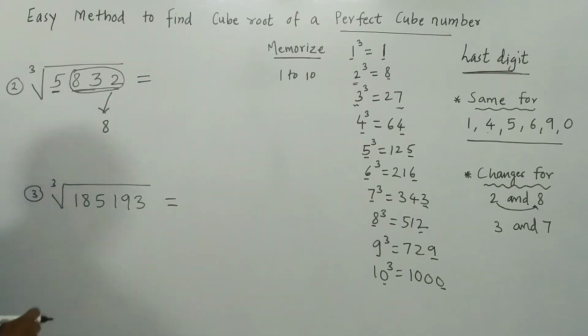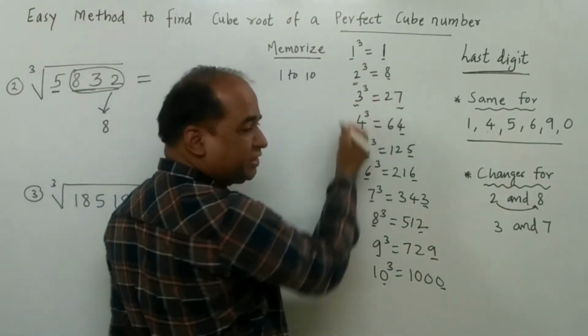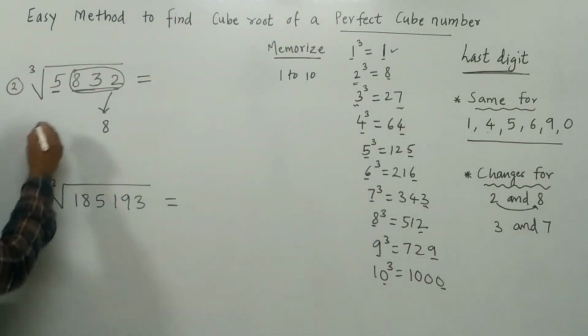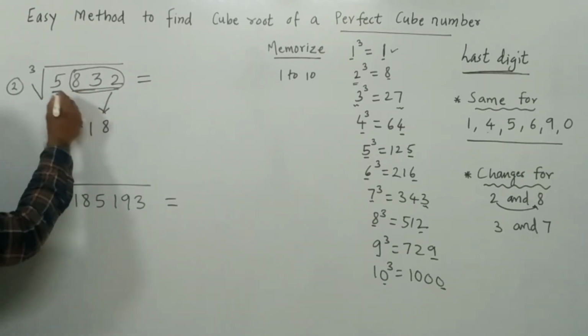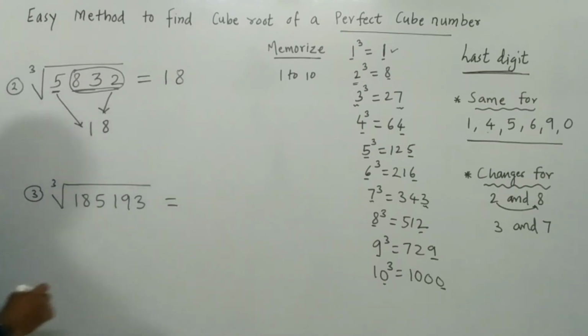Check the cube of the number which is smaller than 5. 1 cube is 1 and 2 cube is 8, which is greater than 5. So our number at the tens place will be 1. So the cube root of 5832 is 18.